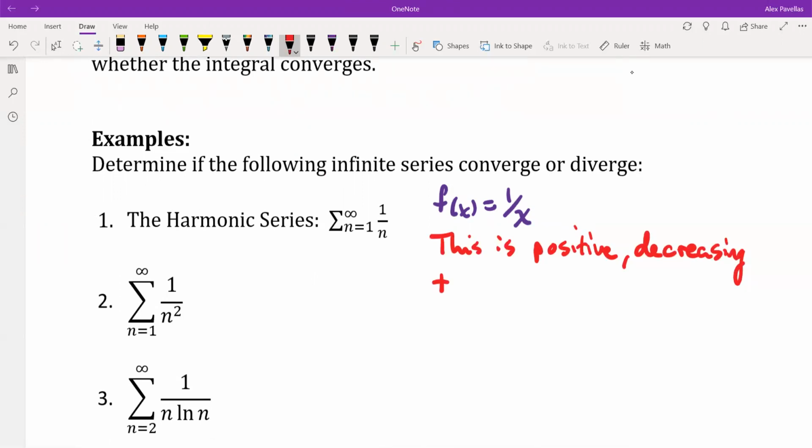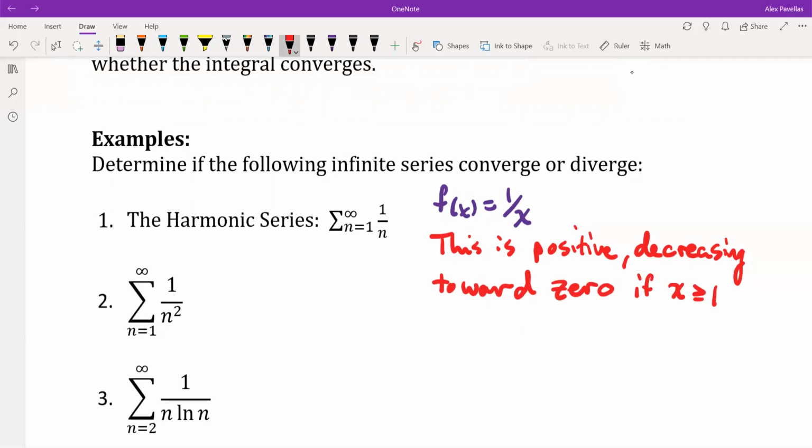I'm not going to go through all of the fancy tests. So that means we can use the integral test. By the way, it's continuous, which is important, if x is greater than or equal to 1.